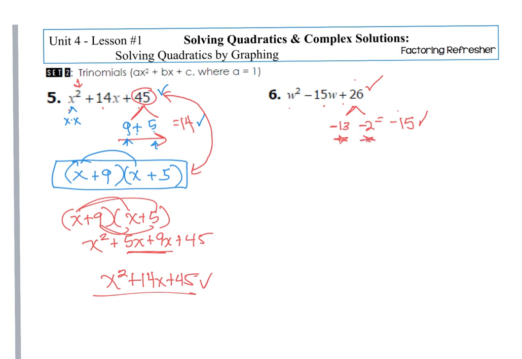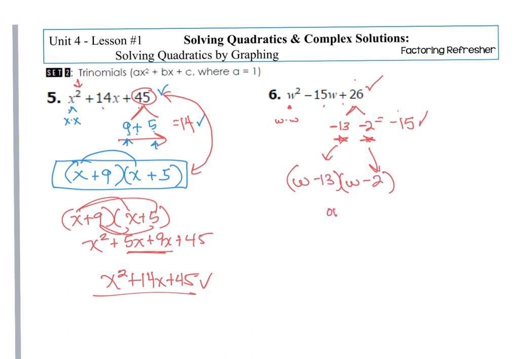So again, I'm not done. I have to show that as a multiplication problem, so we make two sets of parentheses. If I'm doing a w squared as my leading term here, what makes a w squared is a w times a w. So I need one w at the beginning of each set of parentheses, and then I just drop each of these factors in after that, a minus 13 and a minus 2.